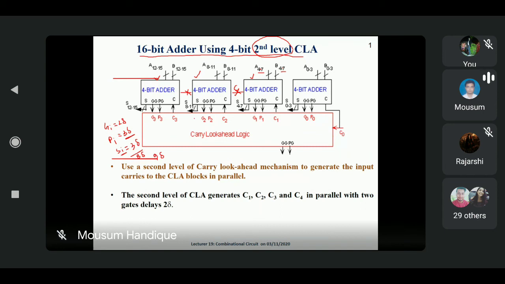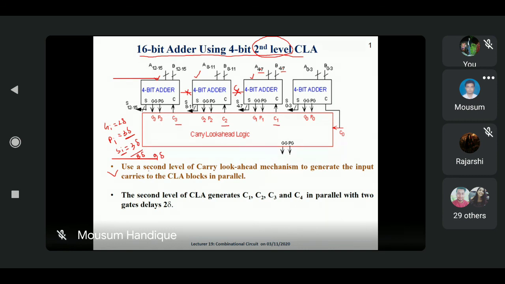Remember, all the carries are generated in this particular rectangular box. That means carry is generated parallelly from this particular carry look ahead logic. So all the carries C0, C1, C2, C3 are computed parallelly.